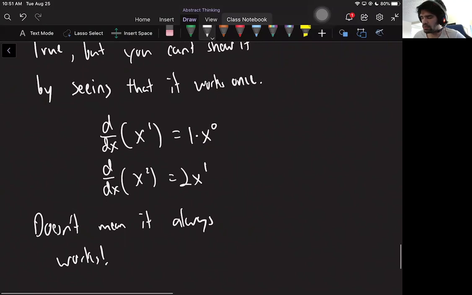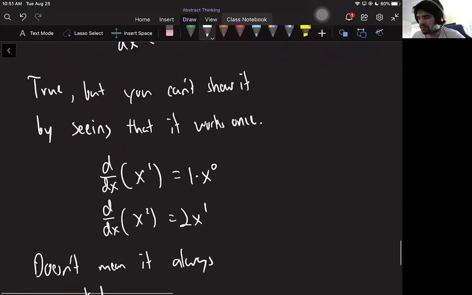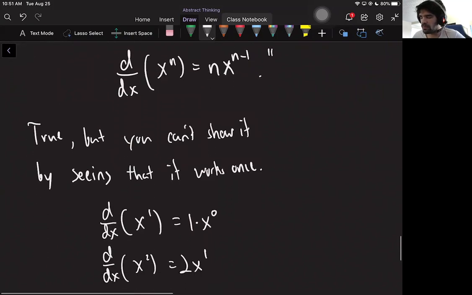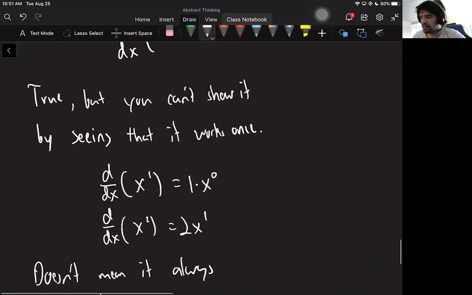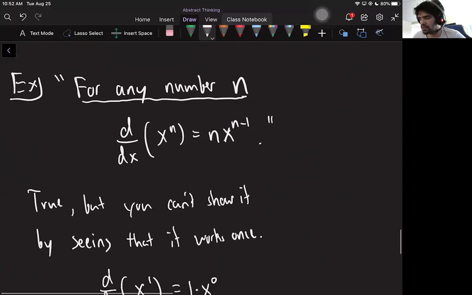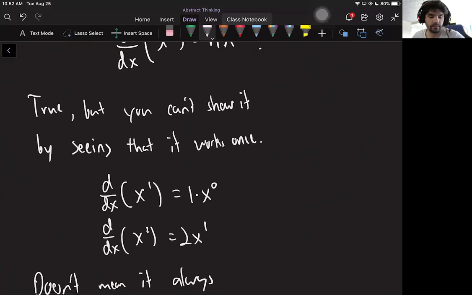And you don't want to try every single number because that's impossible. That's also not going to work. So the beauty of proofs is that you show this fact without having to actually try every number. But right now it's important for you to see that if a statement is being made that something always works, it's not enough just to see that it works a couple times. That doesn't mean it always works.